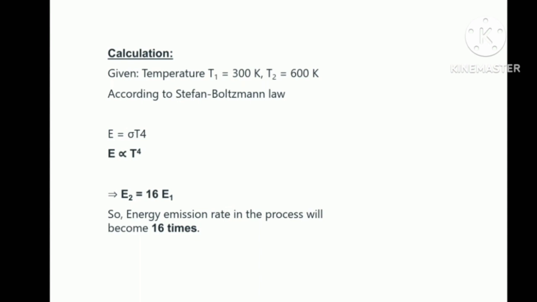When we substitute the values of temperature separately in the expression of Stephen Boltzmann's law, we obtain E2 is equal to 16 times E1. So, the energy emission rate in the process will become 16 times. Hence, the correct answer is option D, 16 times.